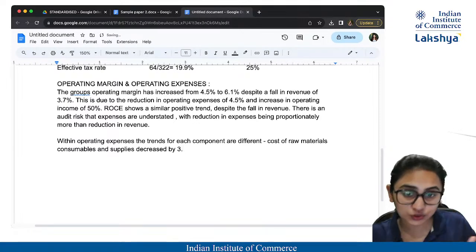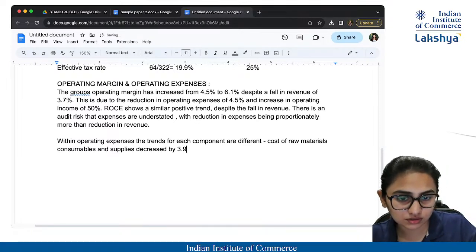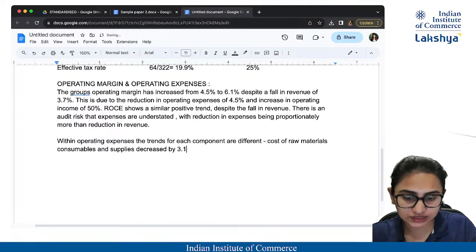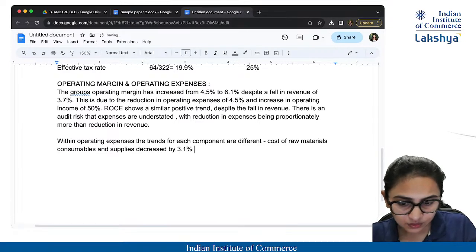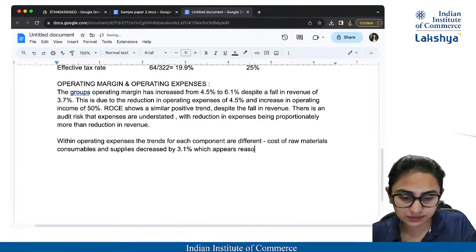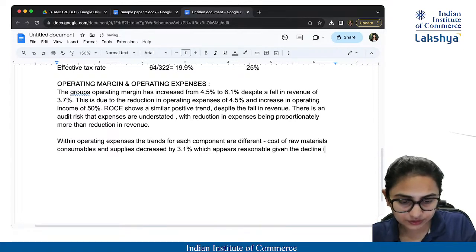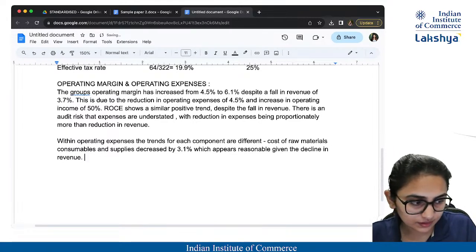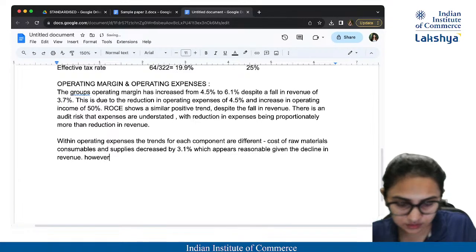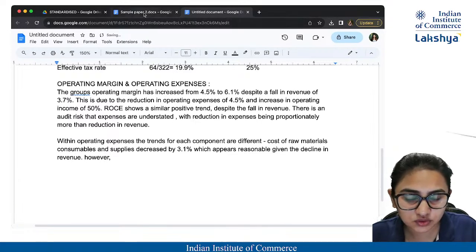It's 3.08. So you do it as 3.1%, which appears reasonable given the decline in revenue, right?